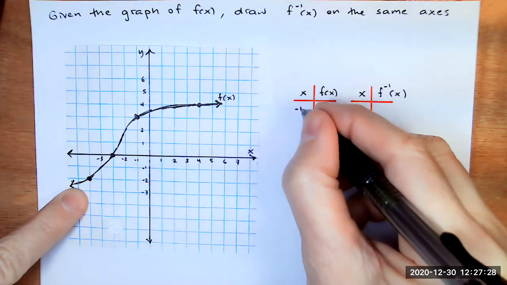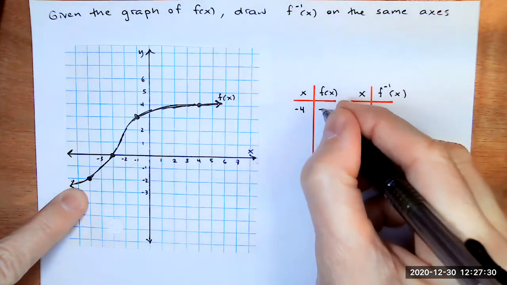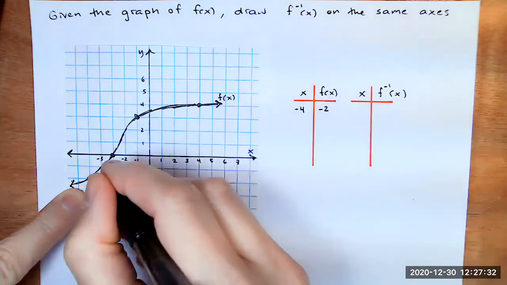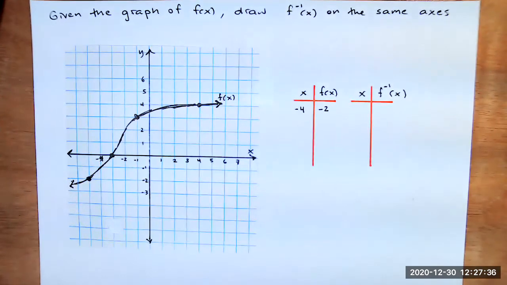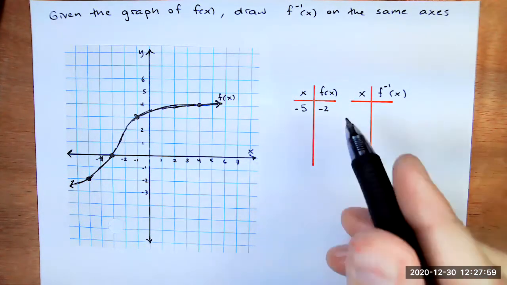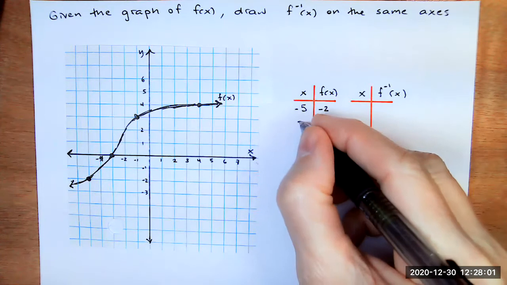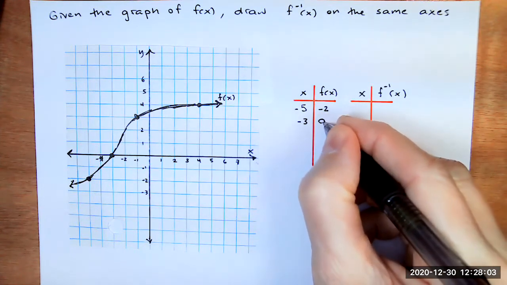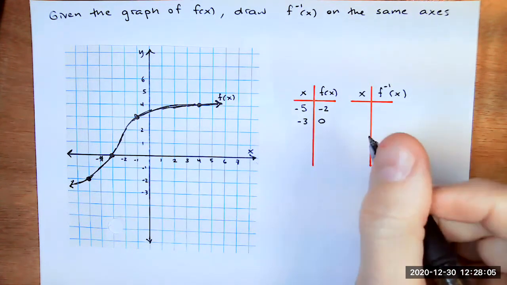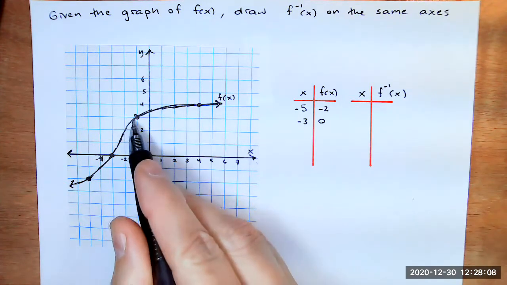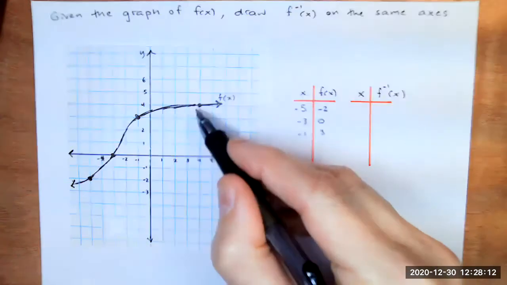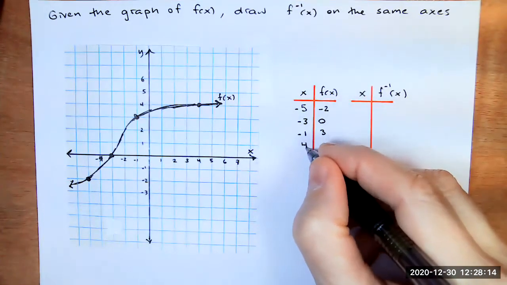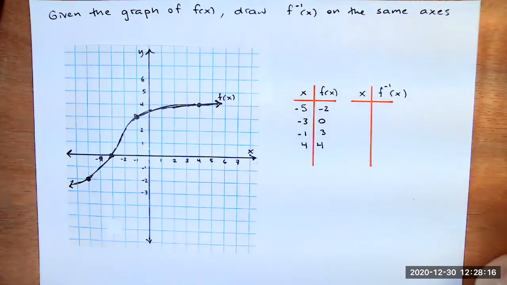So -4, -2. That's -5, -3. We have -3, 0, -1, 3, and the point 4, 4.